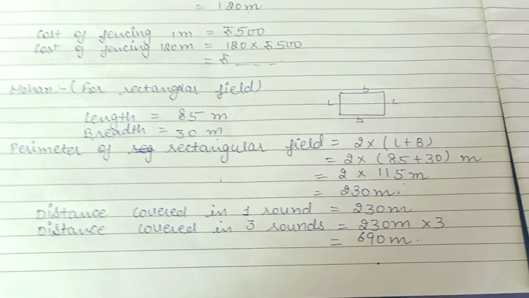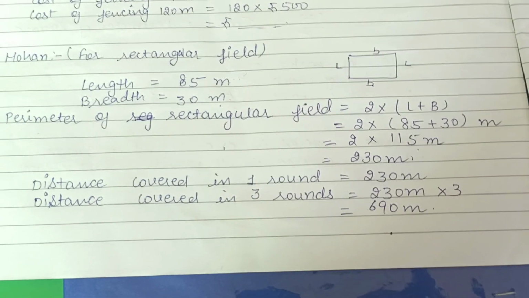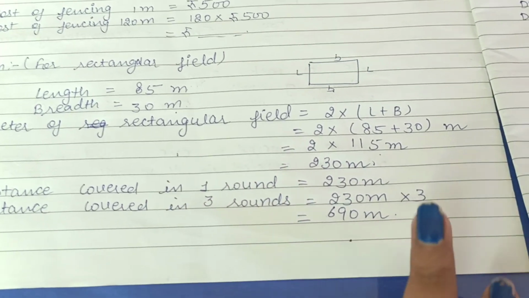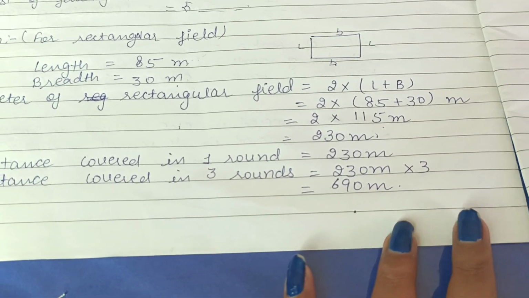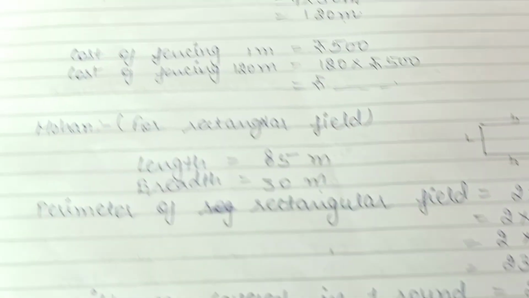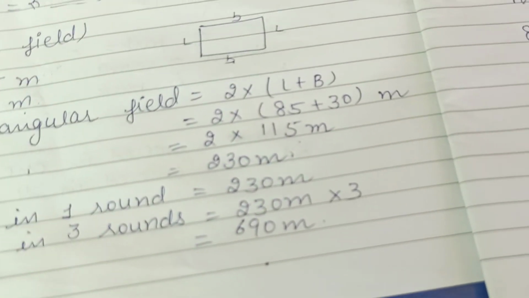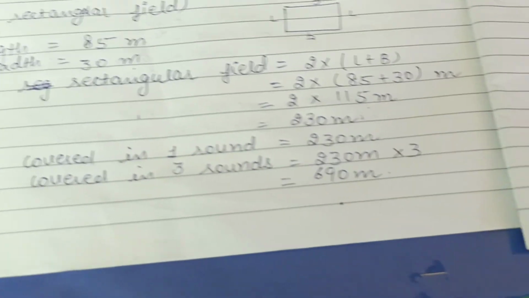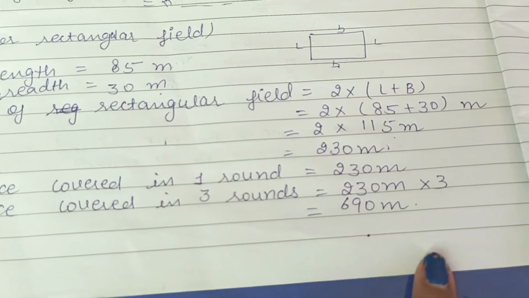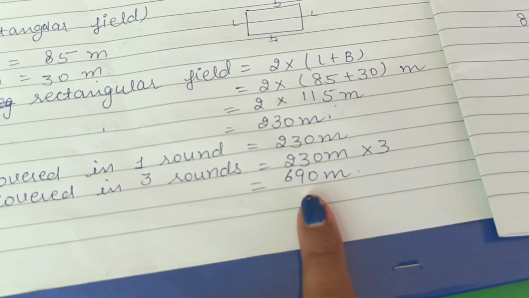So first we find the perimeter of the rectangular field, which equals 230 meter. After this, they said Mohan takes 3 rounds. So distance covered in 3 rounds equals 690 meter.